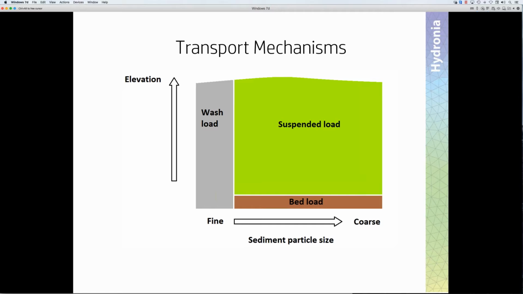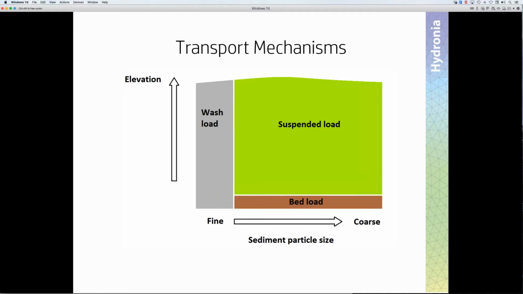The suspended load is that kind of transport that occurs for fine particles, but not so fine, and the particles interact with the bed, so it can generate erosion and deposition, but it does not roll over the bed. It remains suspended for most of the time.